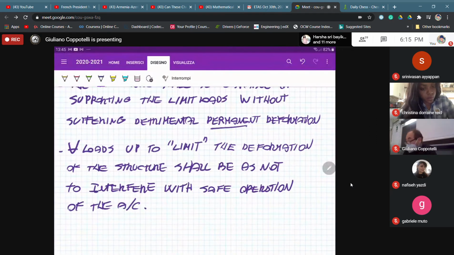Okay, so these are the items that we have to check and that we have to consider when referring to limit load factor.